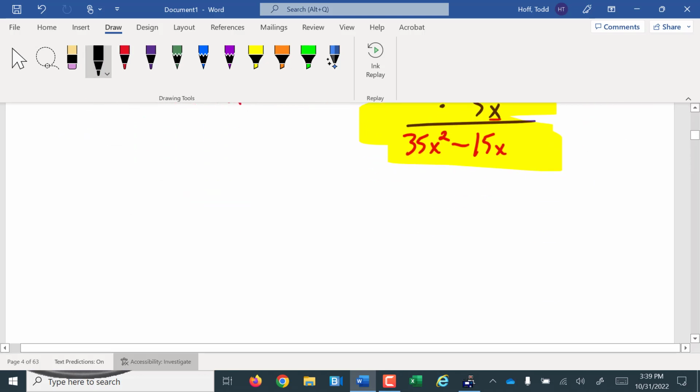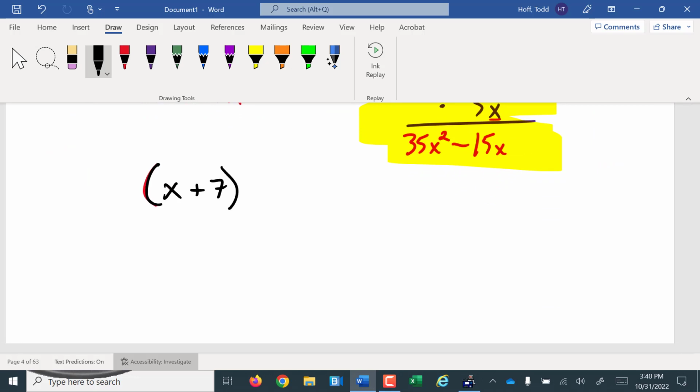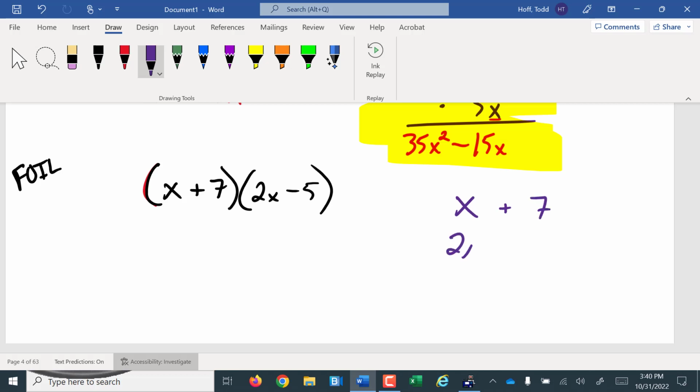The one that really frustrates me is this one. We have x plus 7 times 2x minus 5. You were taught a shortcut called FOIL, most of you, right? We'll come back to that. What really is going on here is you're just multiplying 2-digit numbers. X plus 7 times 2x minus 5. So negative 5 times 7 is negative 35.